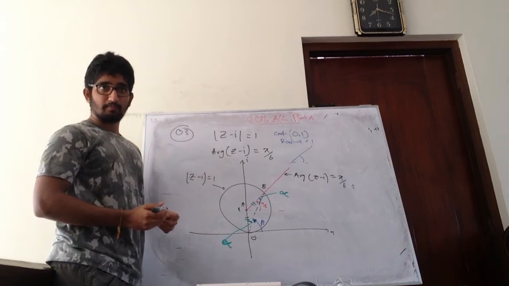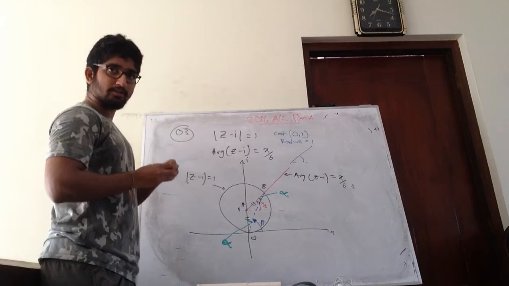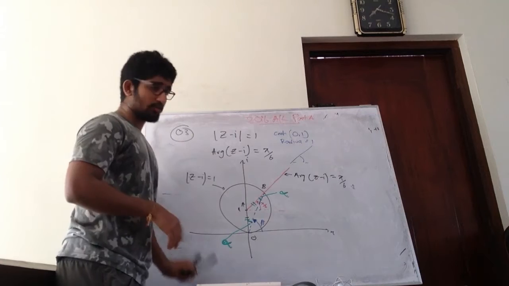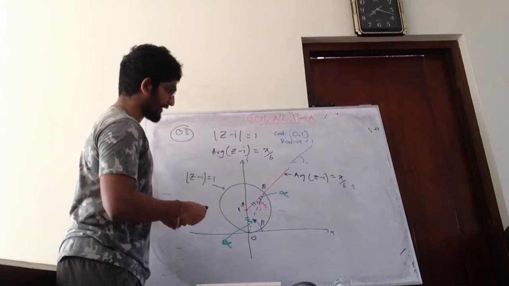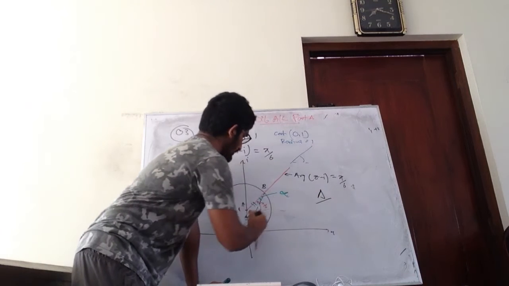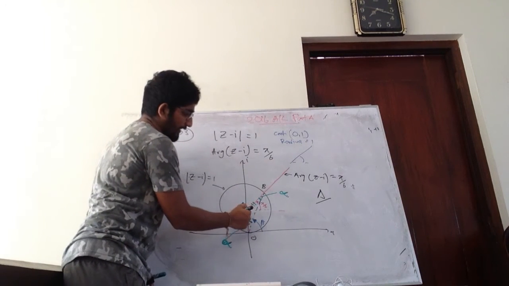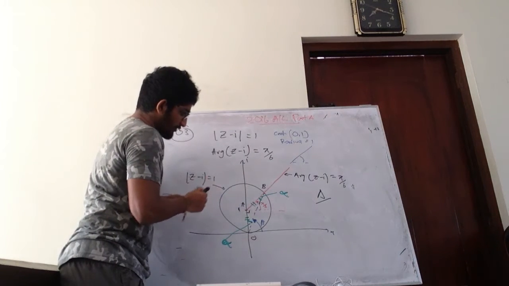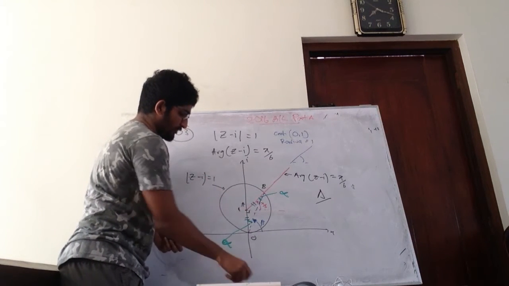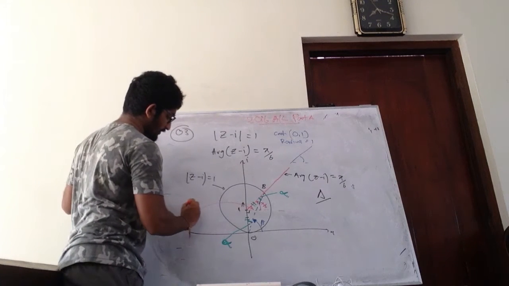Now I can find the alpha value very easily, because this is a triangle. This is anyway going to be 90, and this part is 5 over 6.